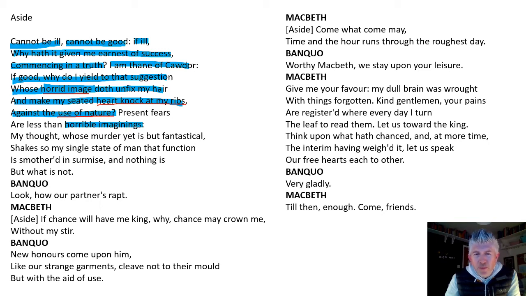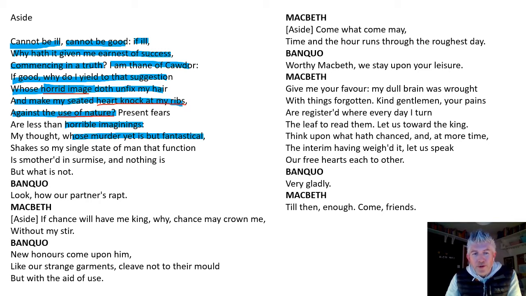You know, murder, whose murder is yet but fantastical. This kind of fancy. Is he already thinking about killing King Duncan? Is that where his head's already gone to within just a few seconds of being told he's Thane of Cawdor? He now thinks he's going to be king, and he's already thinking that he's going to kill Duncan to do it. It's quite an alarming leap in his thinking if that is where he's going.